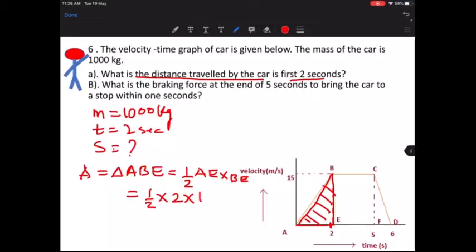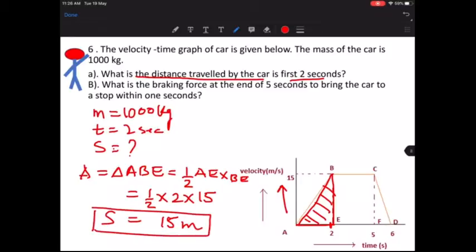What is BE? BE is equal to 15. Look at this. This is 15. Y-axis is actually 15. Okay, so you will get it as 15 meters. Area, or you can say the distance is 15 meters. Fine. It is 15 meters. So now you found out the distance. How much distance will the car cover?